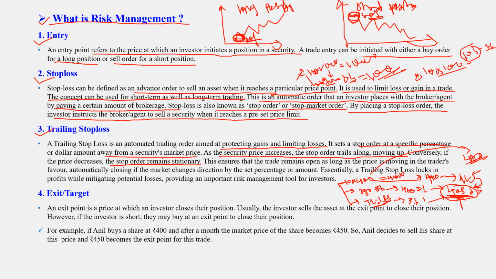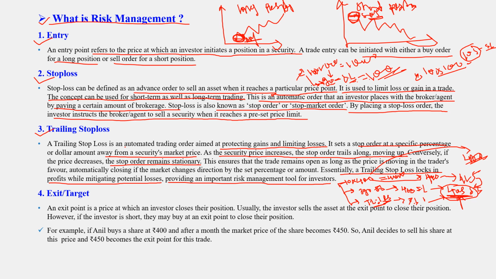Means the trailing stop loss locks in the profits while mitigating potential loss, and it is an important investment tool for investors. The main purpose is that we are not making the full profit as I predetermined, like the 430 target, but we are making some amount of profit, because we bought this stock at 400 rupees and are selling at 405.